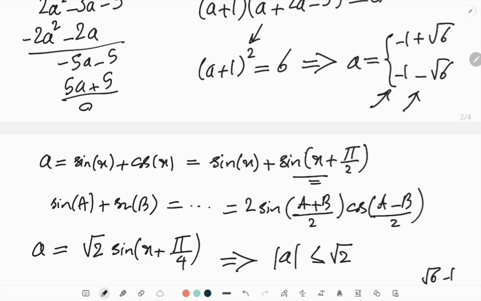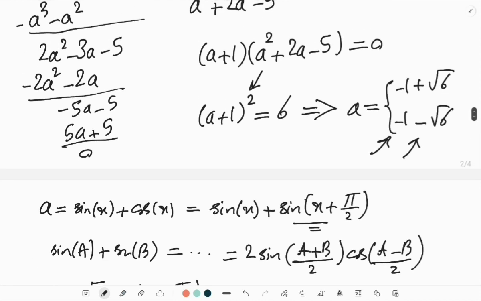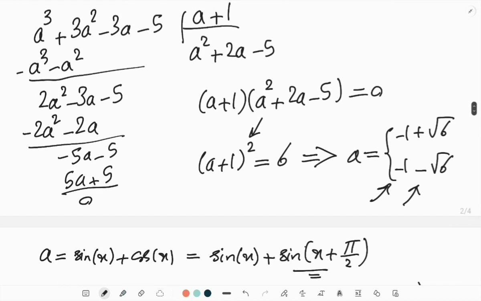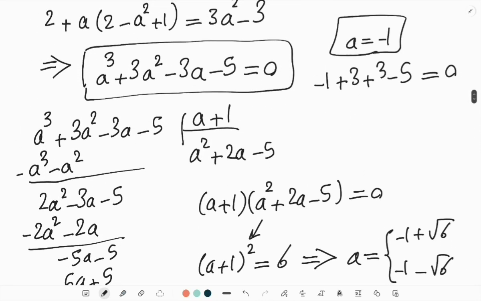In the realm of complex numbers, sure, there are such values, and actually you can find those values for x which are complex numbers, but we're here interested in real values. So as a matter of fact, the only acceptable value for a will be minus 1, which we found here.